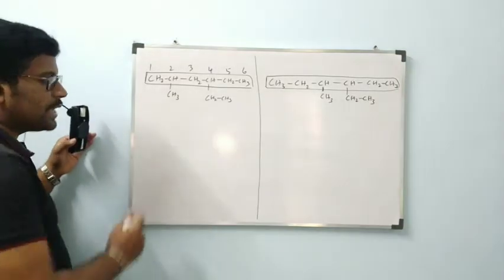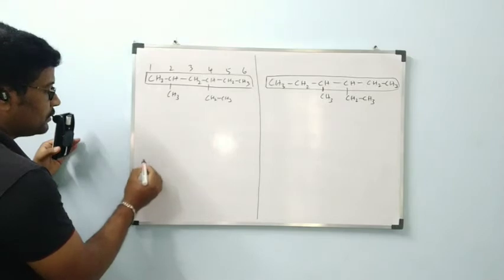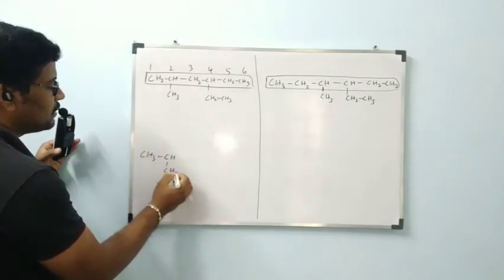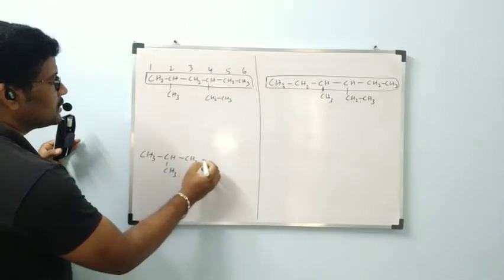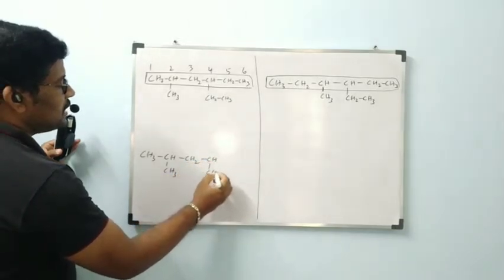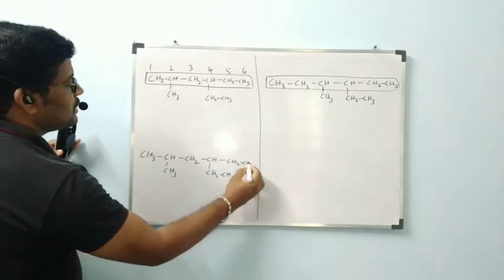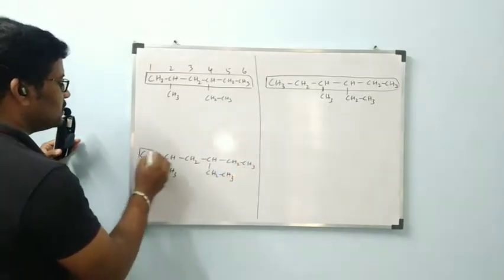One more time I am going to write here: CH3, CH, CH3, CH2, CH, CH2, CH3, CH2, CH3, and this is the parent chain.